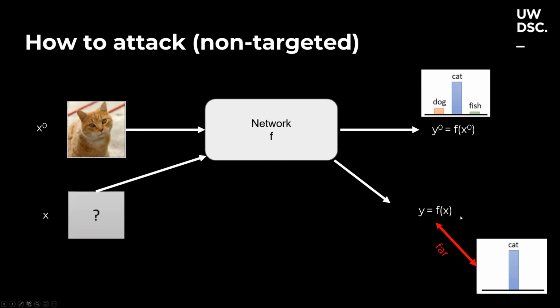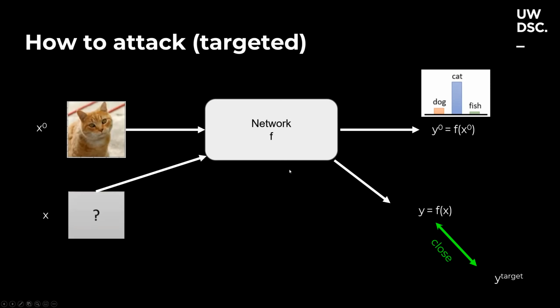So the distribution of y should be as far as it could be from this perfect distribution, which gives us 100% confidence in cat. For a targeted attack, we want those two distributions to be as close as possible, and y target may be, let's say, 100% confidence in dog.